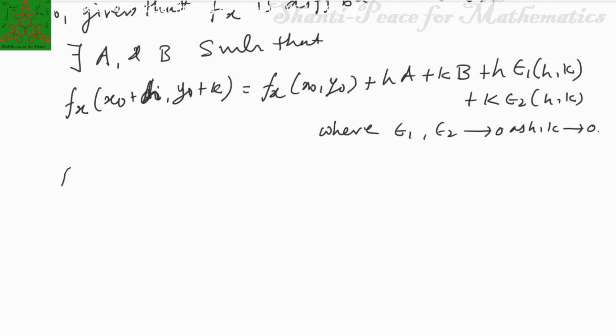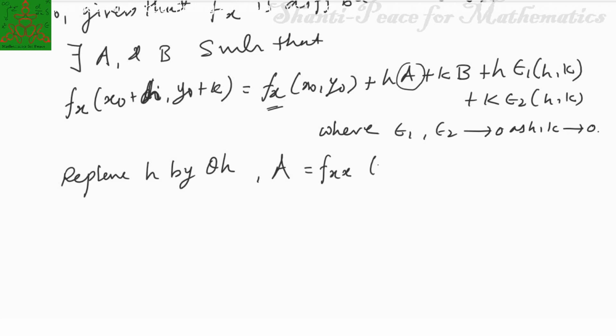I am just replacing here h by theta h, and a is actually the partial derivative of this function with respect to x. So the value of a is f_xx at (x0, y0), and the value of b is nothing but f_xy at (x0, y0), because that is what we have.